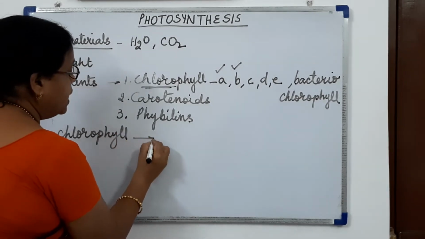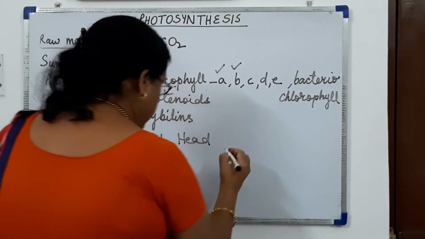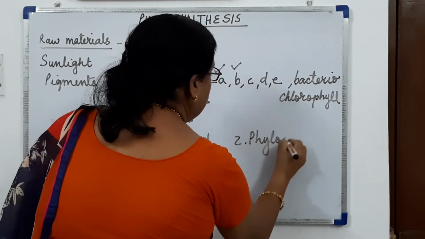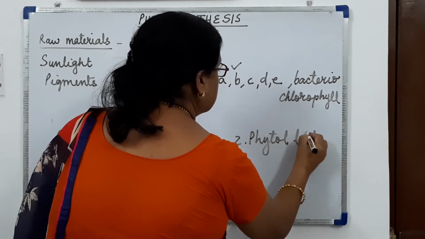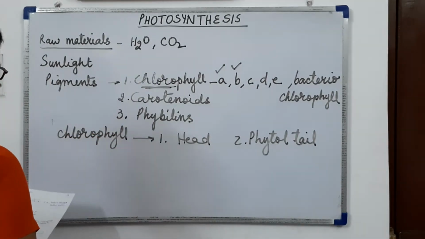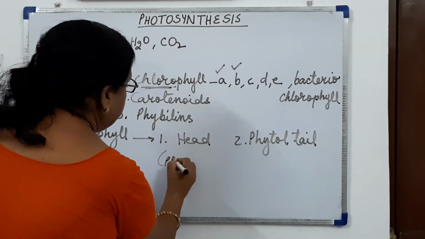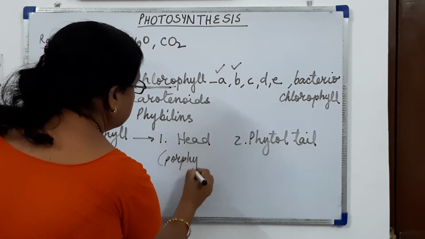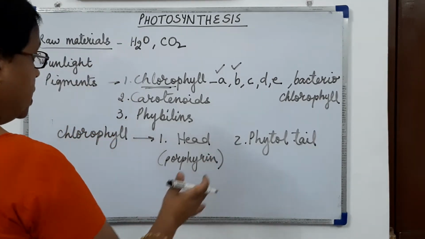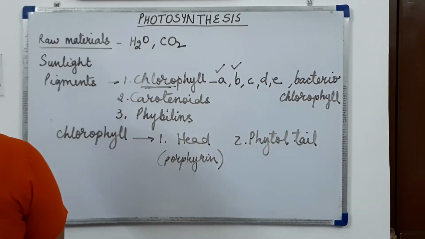is made of two parts, the head and the tail, that is the phytol tail. So head is the porphyrin head, and the tail is made of phytol tail as a side chain.